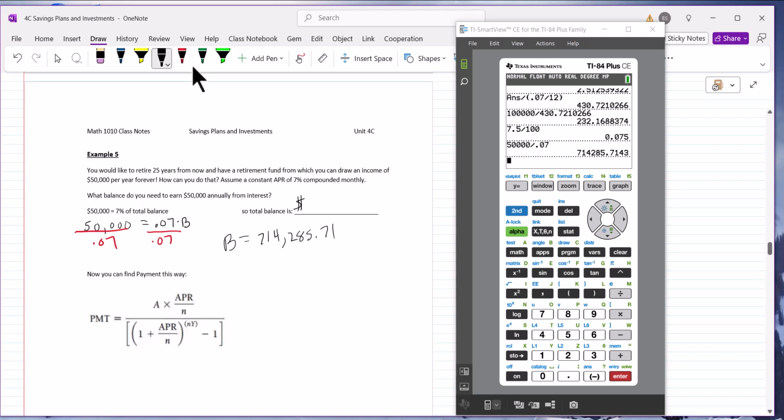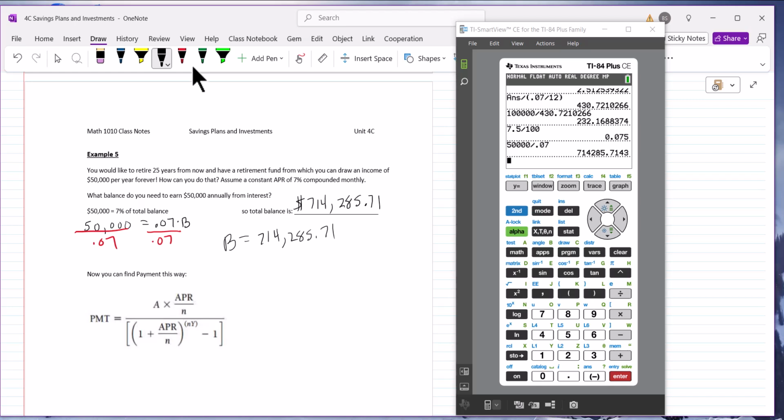So that's the total balance that we have to get. And then again, if we keep putting money into this, this thing will keep growing. But that's how you want to start the problem, like that. Okay? So you have to do that. So 7% of 714,285 is going to give you 50,000.